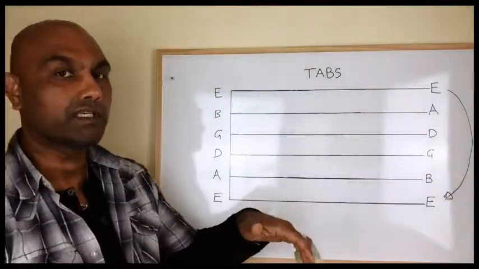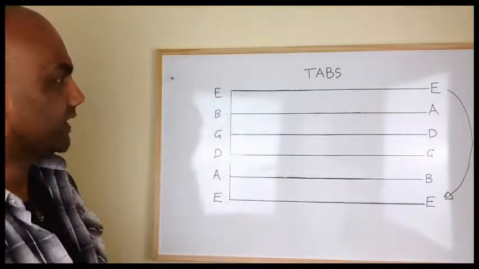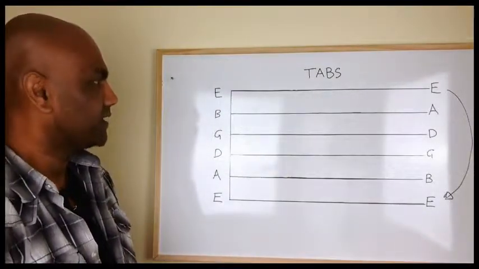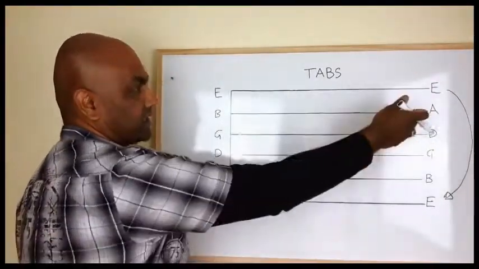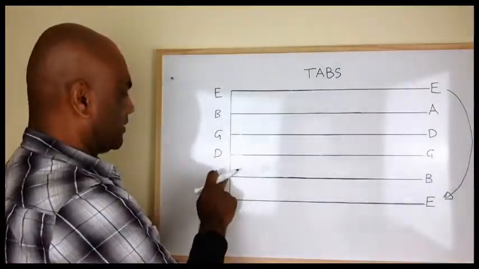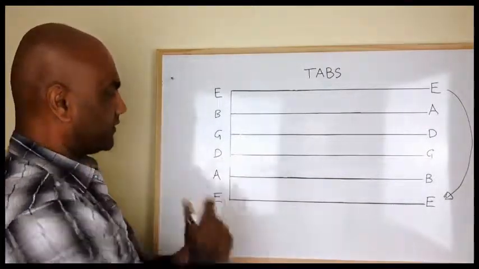If you have a look at your guitar and you actually flipped it over, that's how you would read the tabs. So as you can see, E is here on your guitar string at the top. So the top becomes the bottom strings. So it's just flipped over.